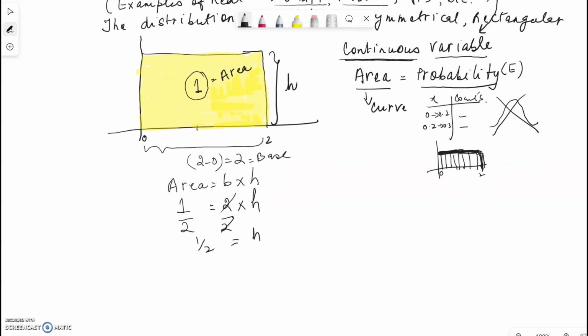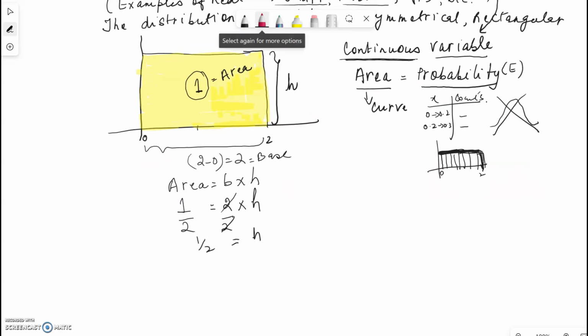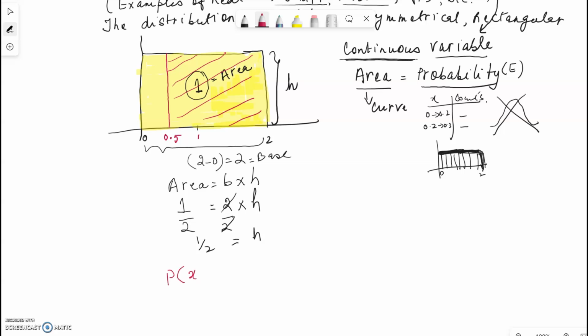So now if we have to find, let's say, the area under the curve, say this is 0.5 since that's a 1. So what we're trying to find is the probability that x, the number that is picked, is greater than 0.5, for example.